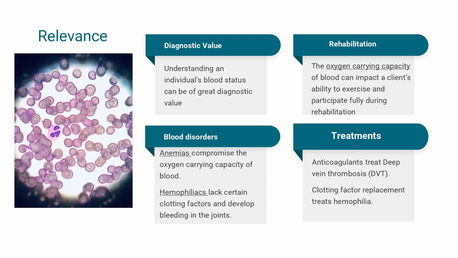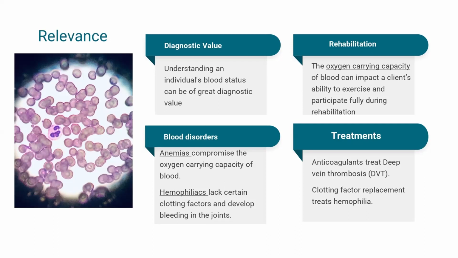Hemophilia is another blood disorder, related to lack of certain clotting factors, and we will be looking briefly at the coagulation cascade, and I need you to understand that. Patients can develop bleeding in the joints. We have superficial bleeding, which is mainly related to disorders of platelets, and deep bleeding within the joints, which is related more to coagulation factor disorders.